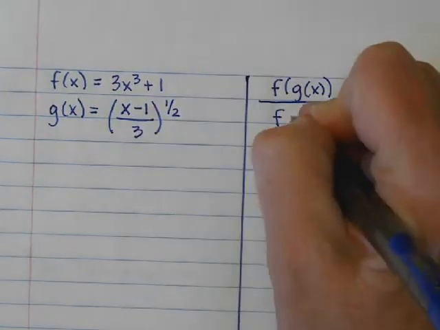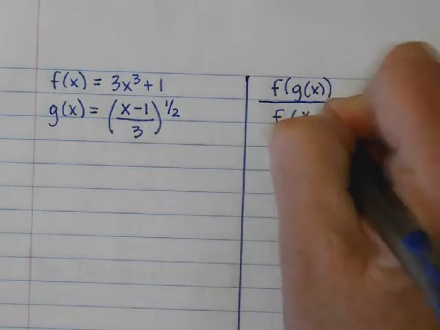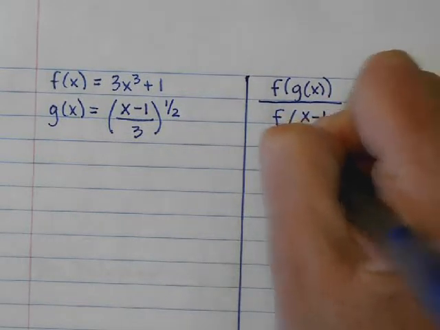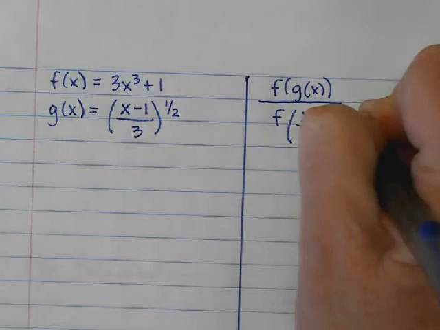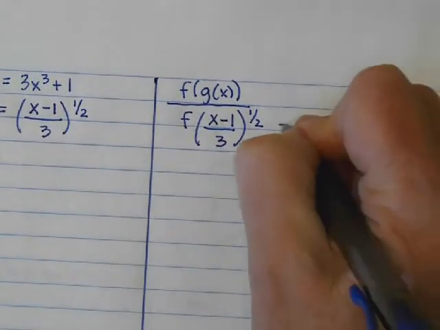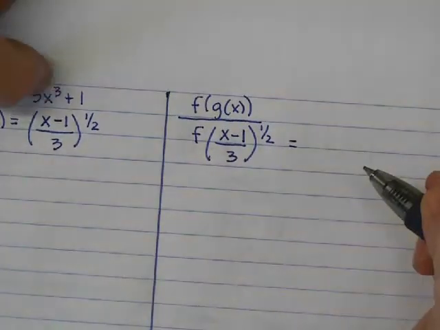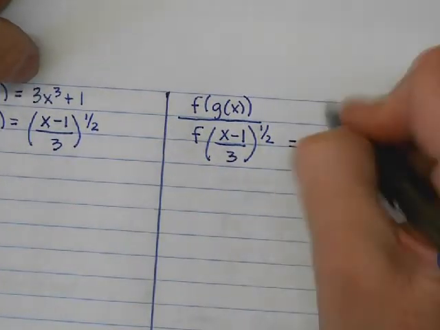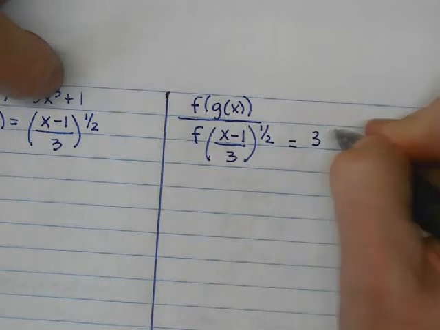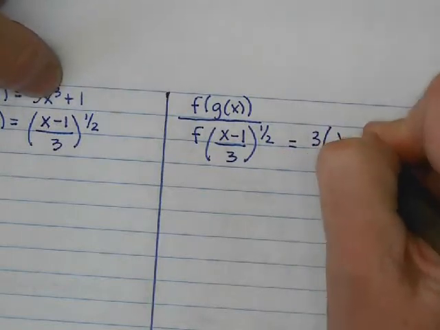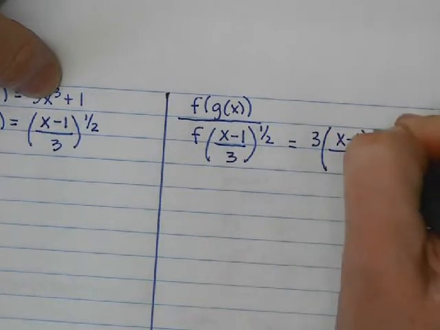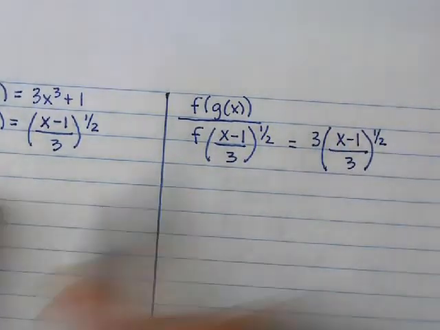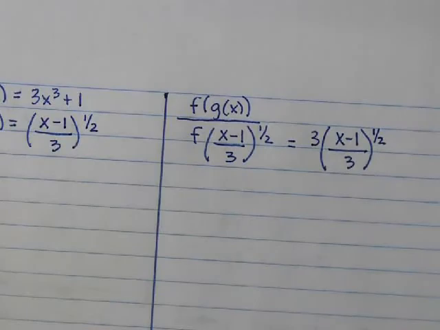Okay, so the g function, x minus 1 over 3 to the 1/3. So I'm going to go to the f function. Wherever I see an x, I'm going to plug in this whole thing. So I have 3, and instead of x, I'm plugging in (x minus 1 over 3) to the 1/3. Then I have to put this cubed.